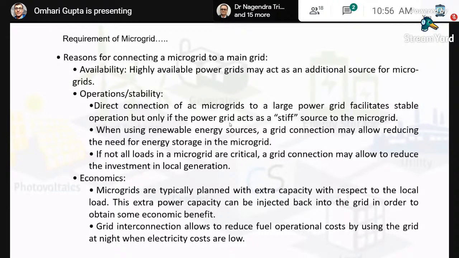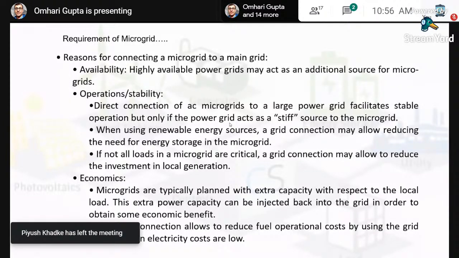Now, if you are connected to the utility grid and you have some generation out of the solar, the difference between the load and the DG will come from the grid itself. You need not install a storage system. That difference will come from the grid rather than the storage. So no need to spend on the storage system.